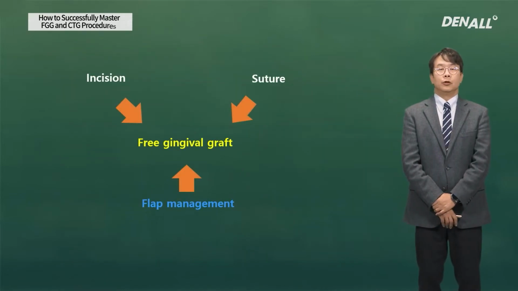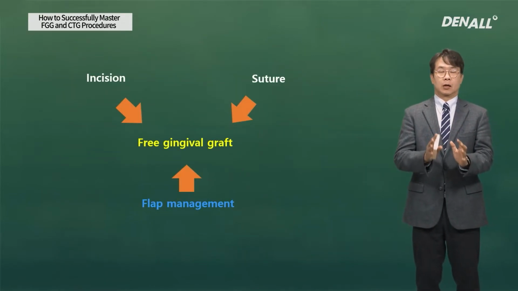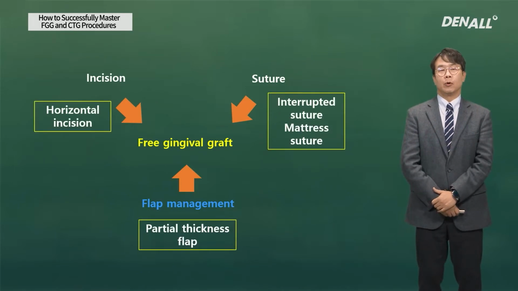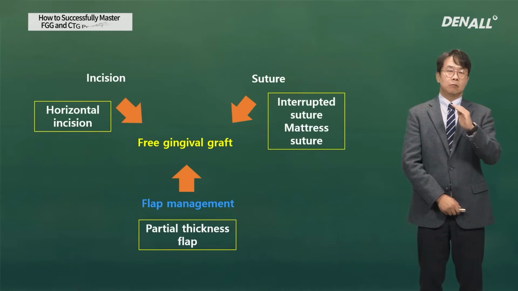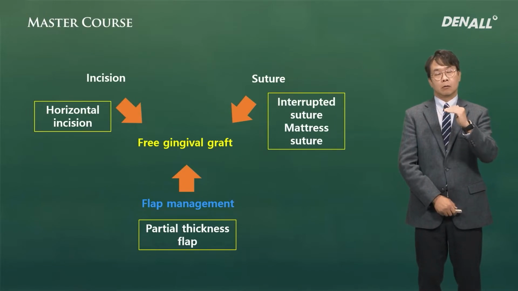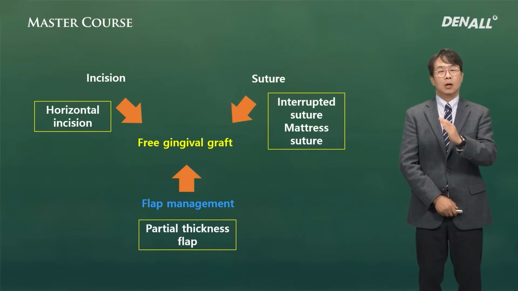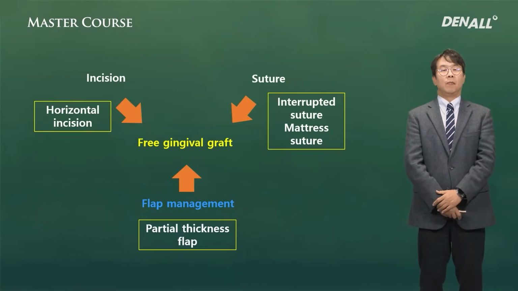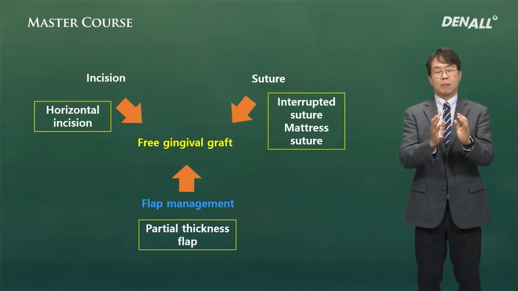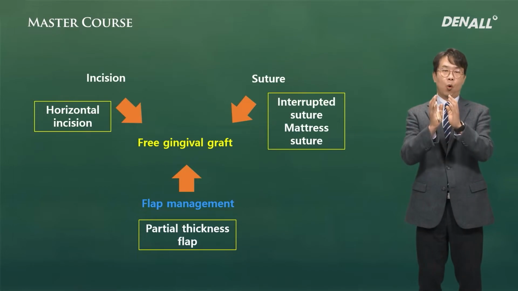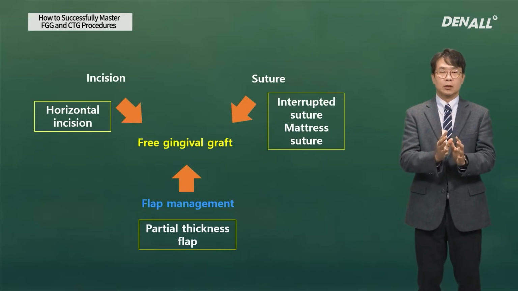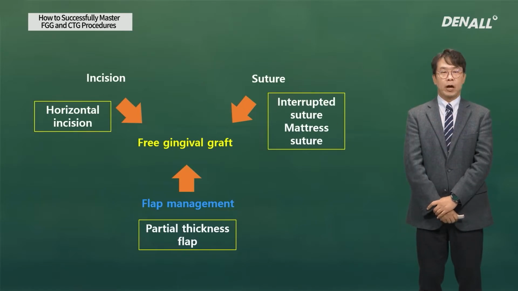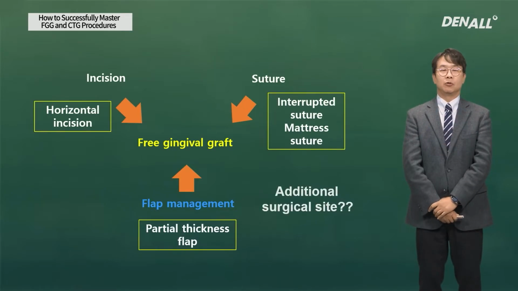The free gingival graft, in terms of incision, suture, and flap management: incision in the recipient site, horizontal incision is made; flap management, partial thickness flap is used; suturing, circumferential suture, kind of matrix suture or interrupted suture is used to fix the graft. As I said before, incision, flap management, and suture, you need to understand what approaches can be utilized for each, then you'll be able to do it properly.